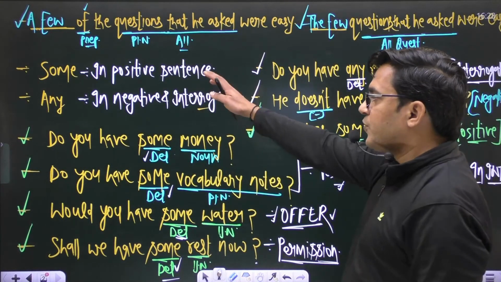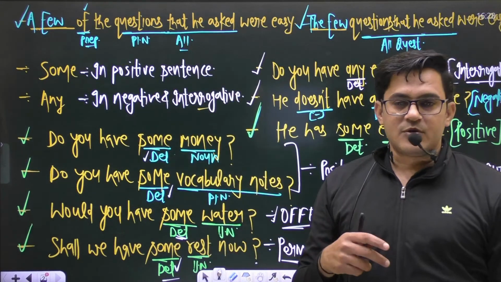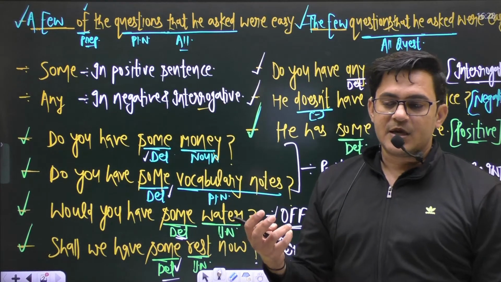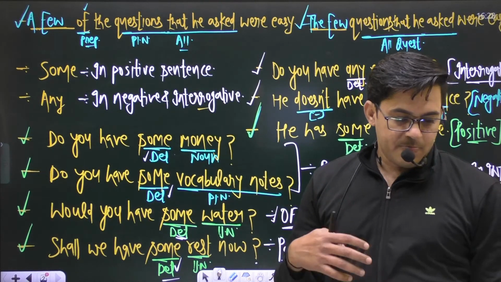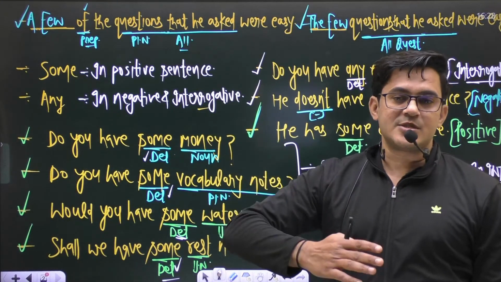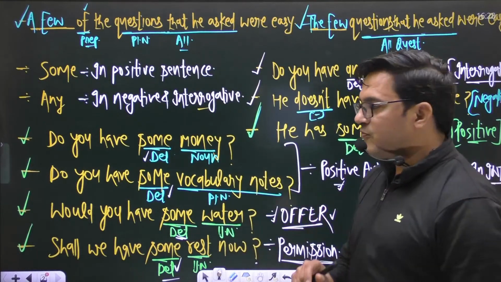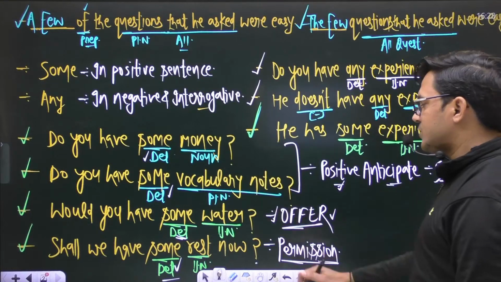Do you know the different applications where we use some, where we use any, and how they change in different references? You must be familiar with such things. So do you understand all these four sentences?